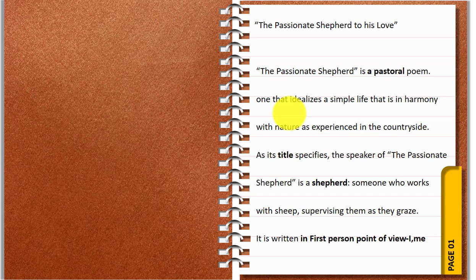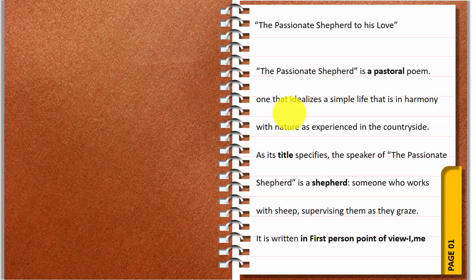So just like we see in the title, the poem is called The Passionate Shepherd to His Love. So we expect to be reading something about a shepherd, and a shepherd is simply that person who looks after sheep, supervises them as they graze and feed in the fields. So this shepherd is passionate, as we can see.